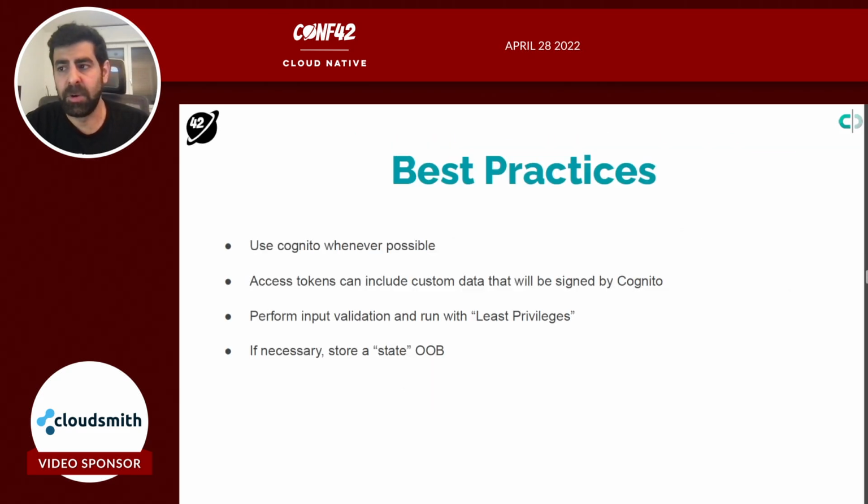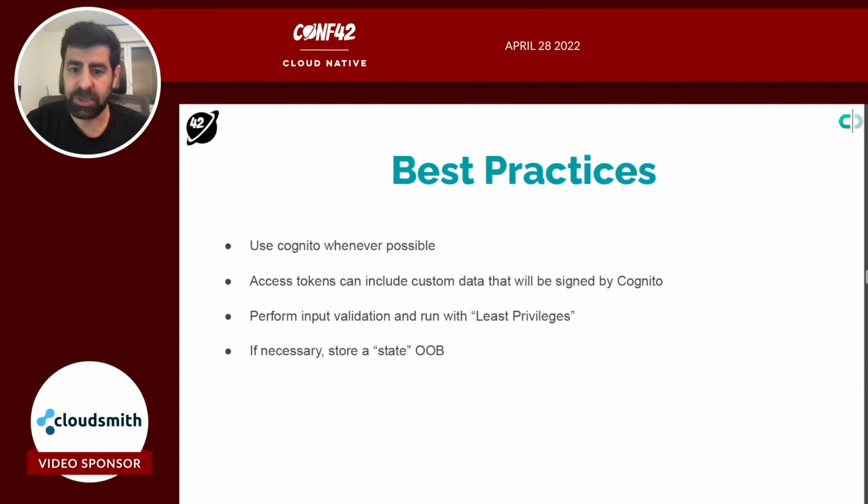Best practices. If you're using AWS, use Cognito whenever possible. You can use, of course, other authentication services like Okta, depending on the service on the cloud that you're using. Use access tokens that can include custom data and can be signed. JWT tokens, for example, if you need external users.